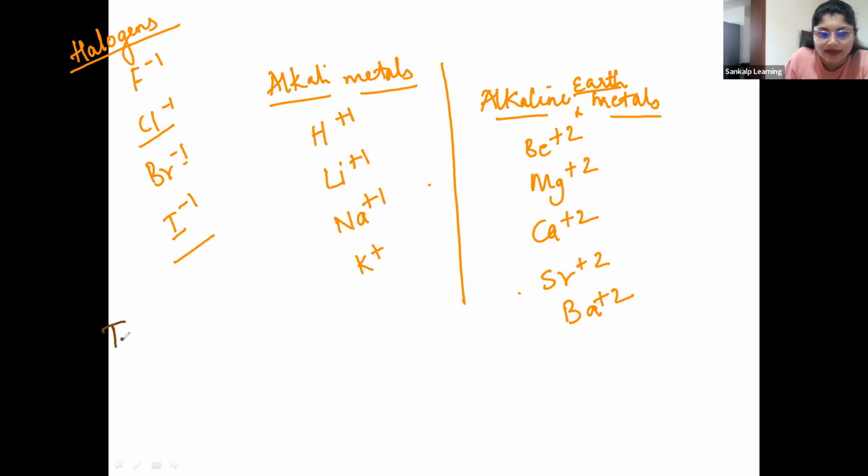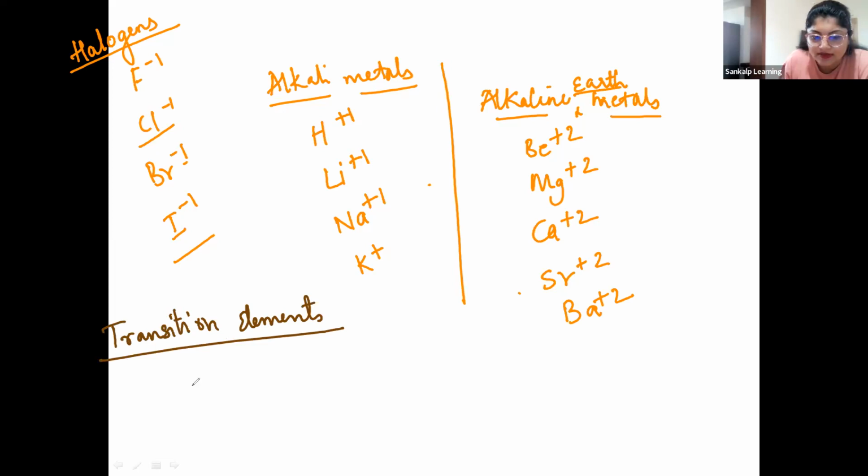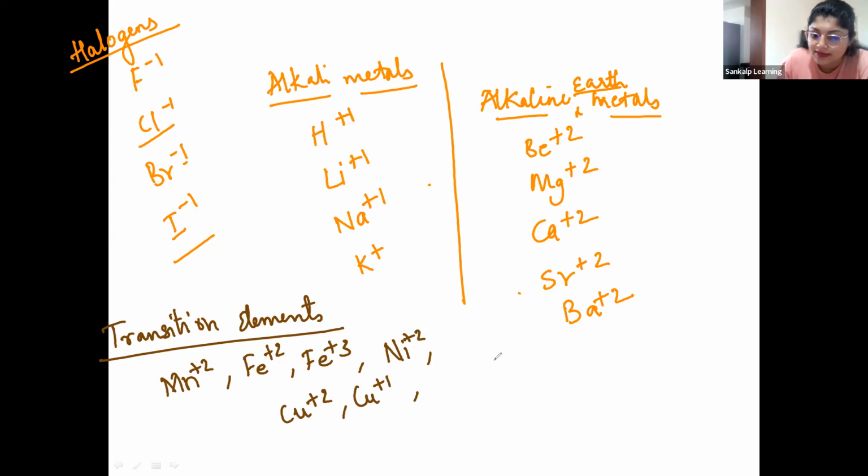Then these are some of the transition elements. Mn +2. Fe will be +2 or +3, it depends. Then nickel will be +2. Copper will be +2, and +1 also sometimes.